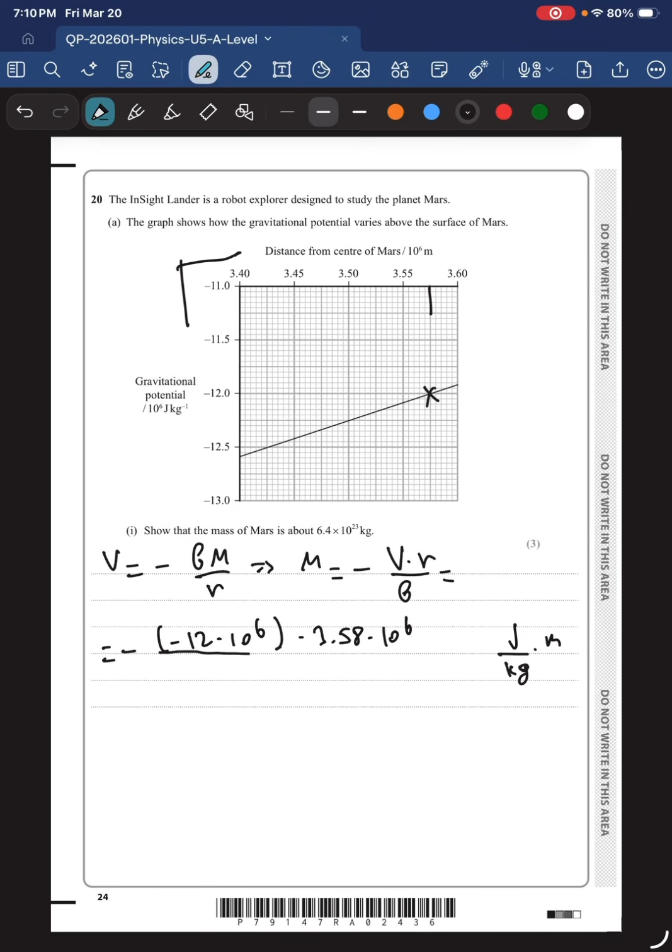And then the gravitational constant in the denominator, 6.67 times 10 to the minus 11 newton meters squared over kilograms squared. So kilogram cancels, meter cancels, newtons per meter is a joule, so this cancels as well, and we arrive at the answer, which is 6.44 times 10 to the 23 kilograms, which appears to be about 10 times less than the mass of the Earth, because I think the mass of the Earth is 6 times 10 to the 24 kilograms.